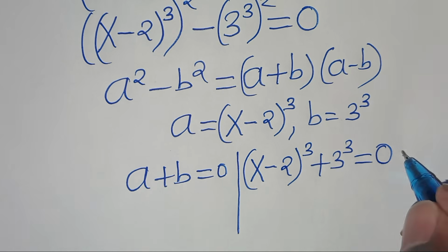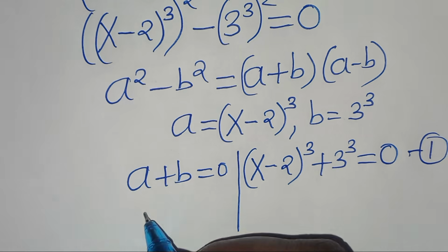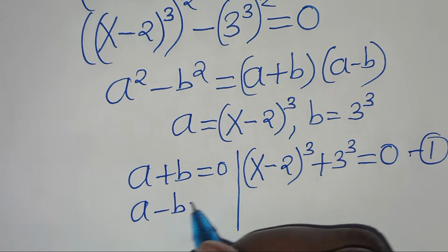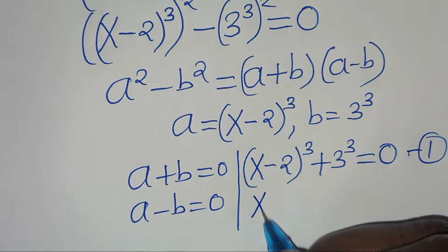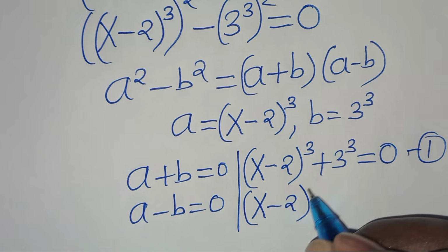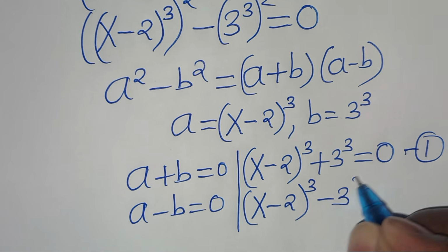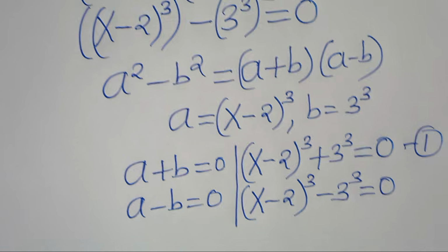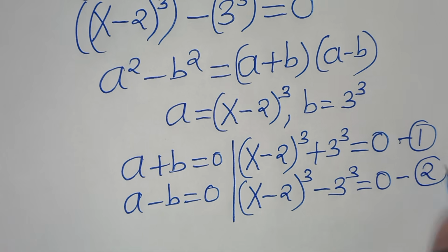Let's call this equation 1. Then we have a − b = 0, which is (x − 2)^3 − 3^3 = 0. Let's call this case 2.